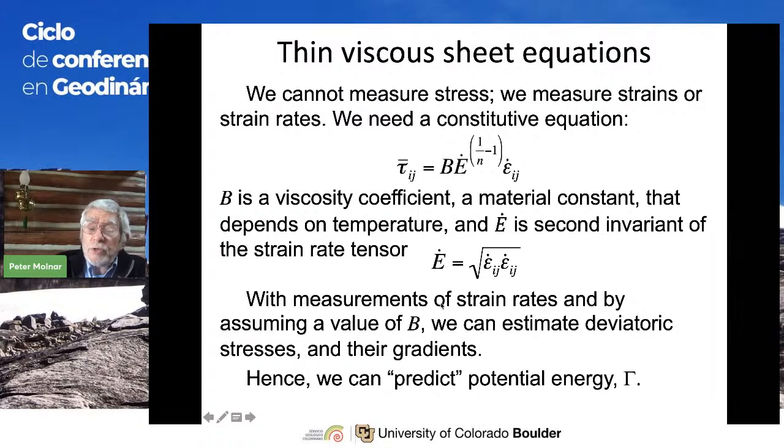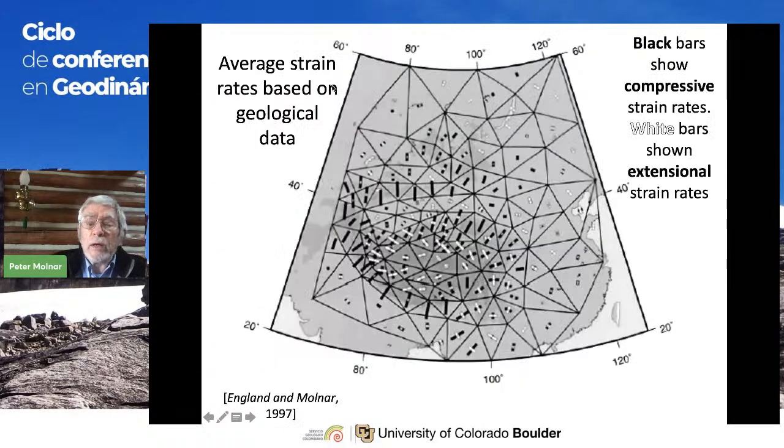So with measurements of strain rates, and by assuming a value of B, we can estimate the deviatoric stresses, and then we can estimate their gradients, and from their gradients, we can predict potential energy with a factor of B being wrong, but we can at least get a pattern. So if we look at a place like Asia, so this is Asia, Himalaya would follow along in here.